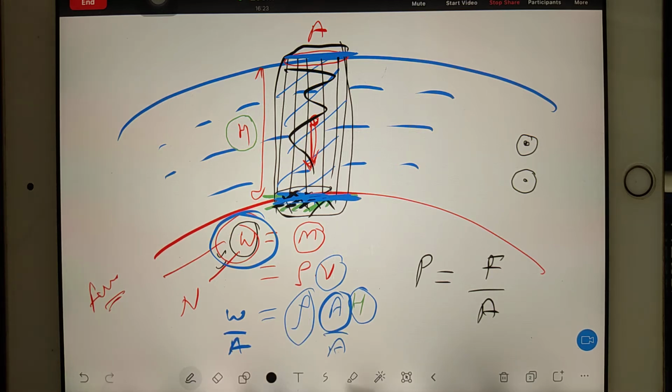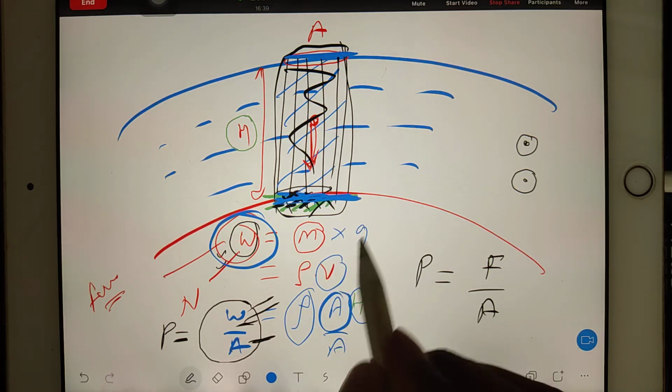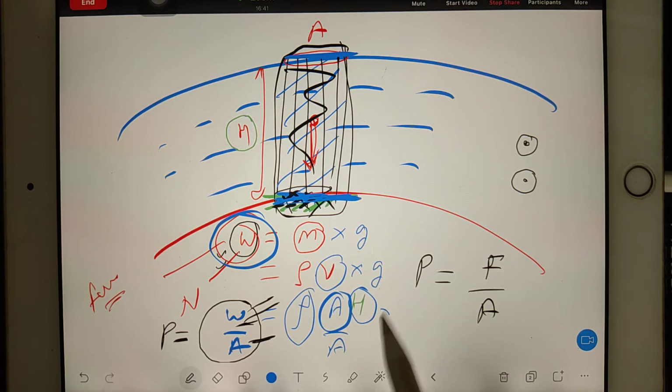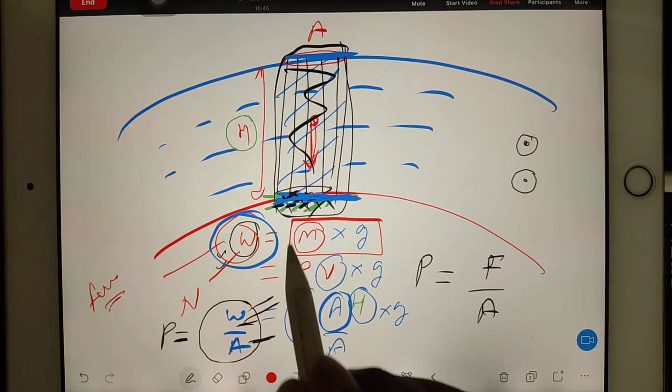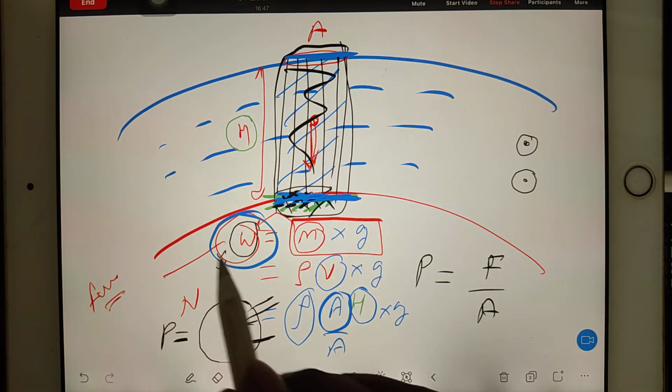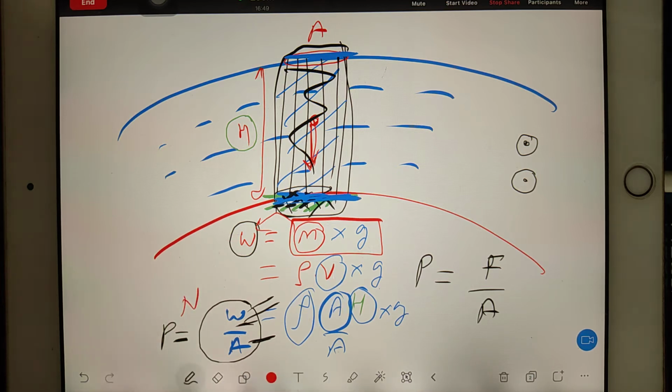Now one more important point: this W by A is your pressure, but if you open this W, you have to multiply by g, then only this expression can be correct in terms of W. If you are taking it in terms of mass, then no problem.